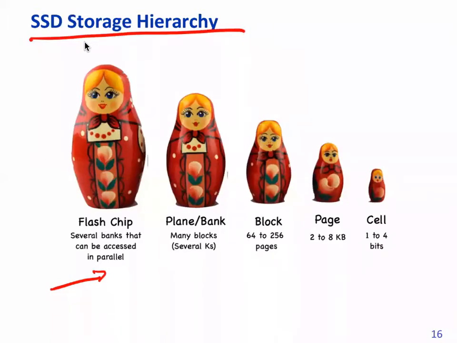A package contains several dies, and each die contains several banks. But anyway, package and die, let's treat as a single term right now. However, a package, a chip, can contain multiple dies. We'll look at the diagram later. And the next level is a bank.